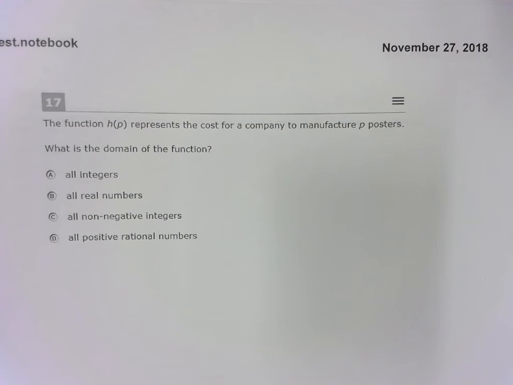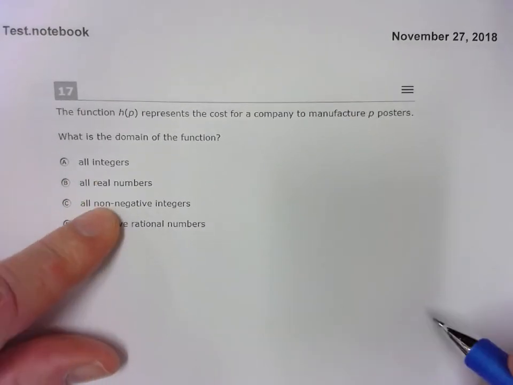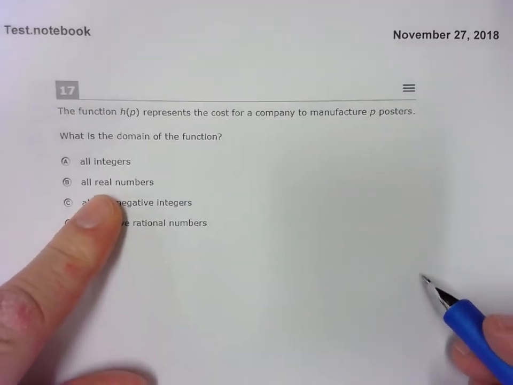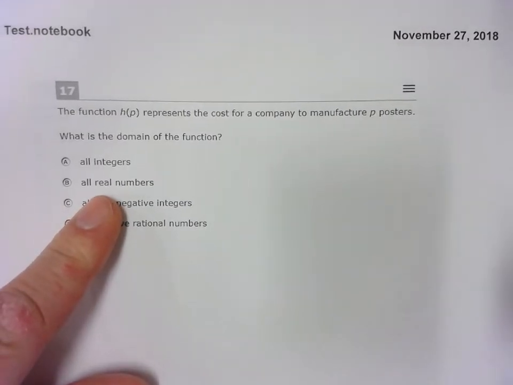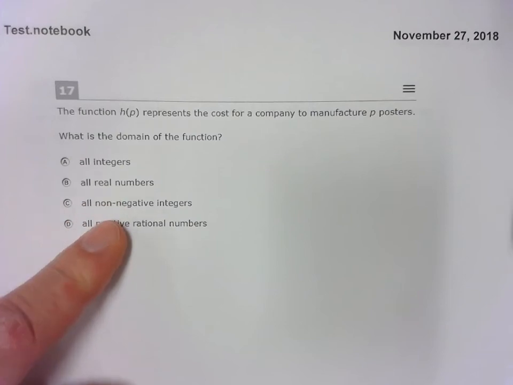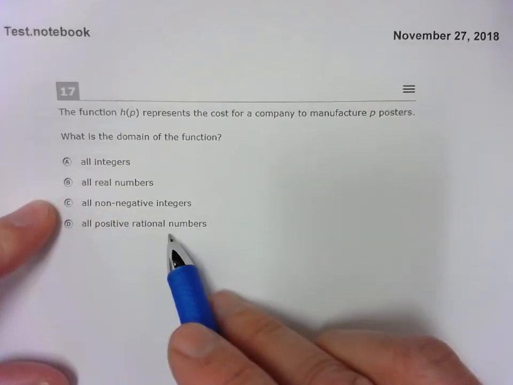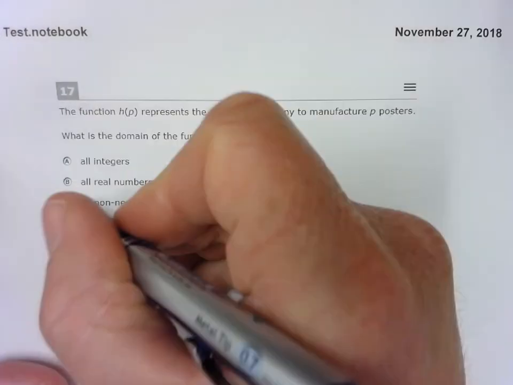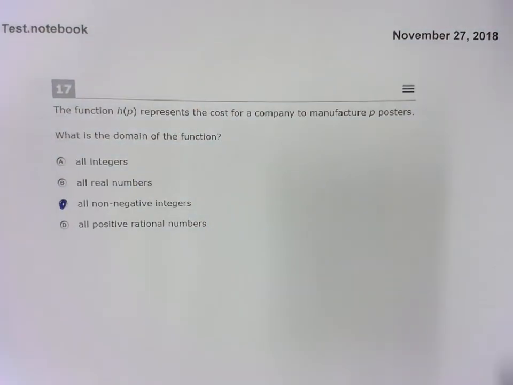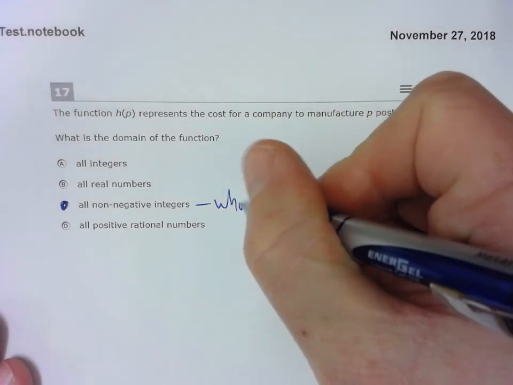So you're going to do 0 posters or 1 poster or 2 posters or 3 posters or whatever. So not all real numbers, which include decimals. You're not going to make decimals and fractions and all the other numbers. So you're not going to make half a poster. So it's either all positive rational numbers? No, that's fractions too. So the answer is C, non-negative integers, like starting with 0, 1, 2, or whole numbers. See, I call that a whole number.